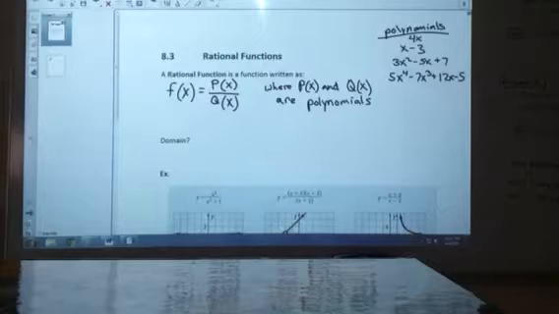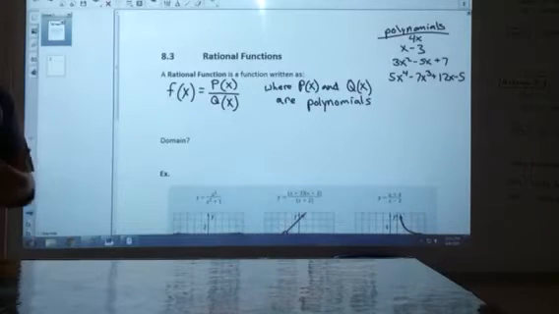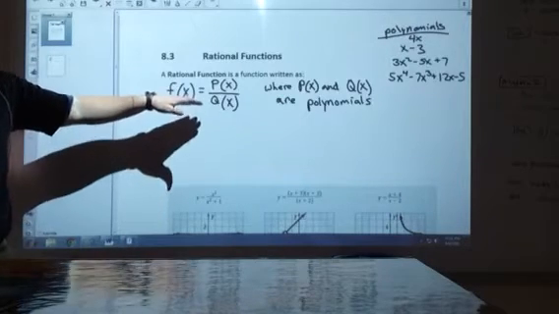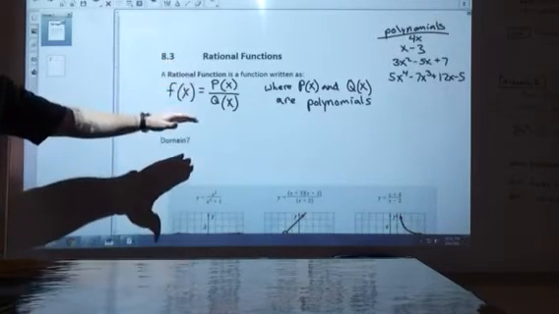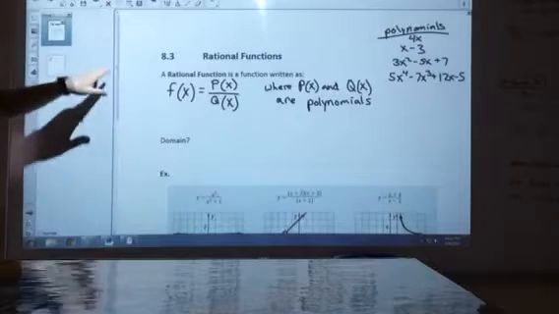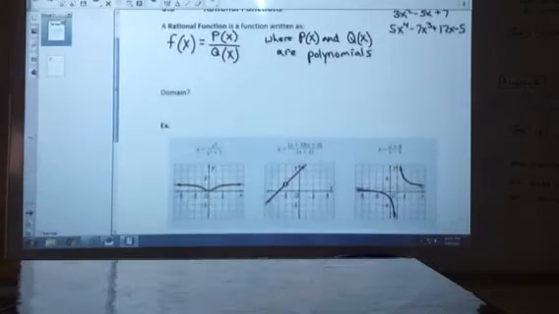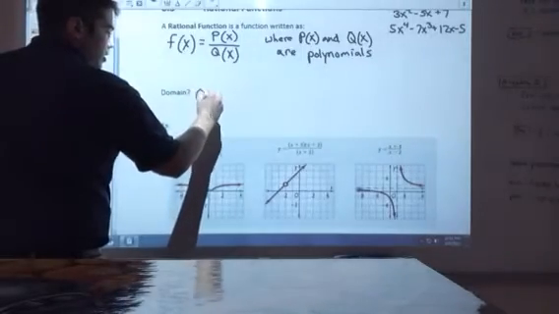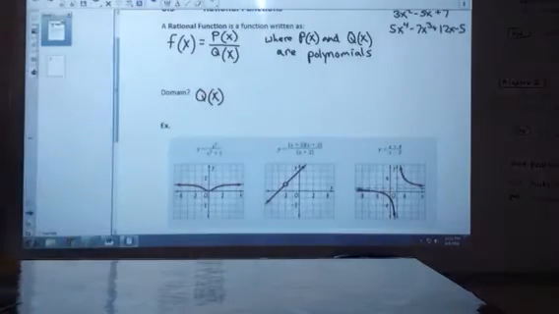And when we think about division, there's something we have to account for. I don't know if you remember this, but back before spring break, we talked about how when we're looking at division, the denominator of a function cannot equal 0. So down here where it talks about domain, our emphasis is going to be on the denominator. In this case, that would be q of x.